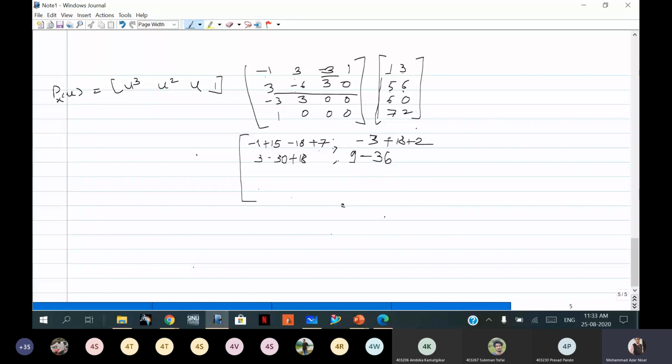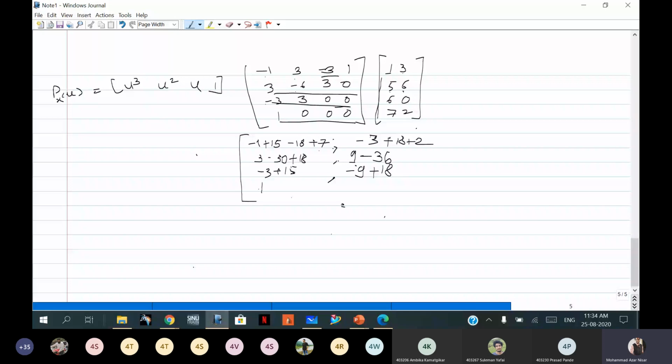Then again this row: -3 into 1 is -3, 3 into 5 is 15, then 0, 0. Then in the second column, -3 into 3 is -9, 3 into 6 is plus 18, 0, 0. Then the last row, 1 into 1 is 1, and this 3 will become 3.